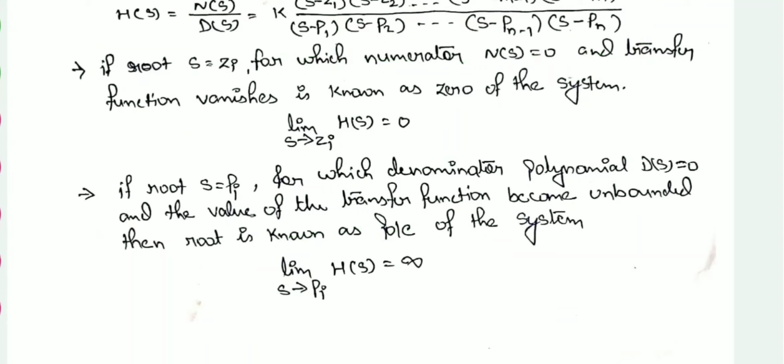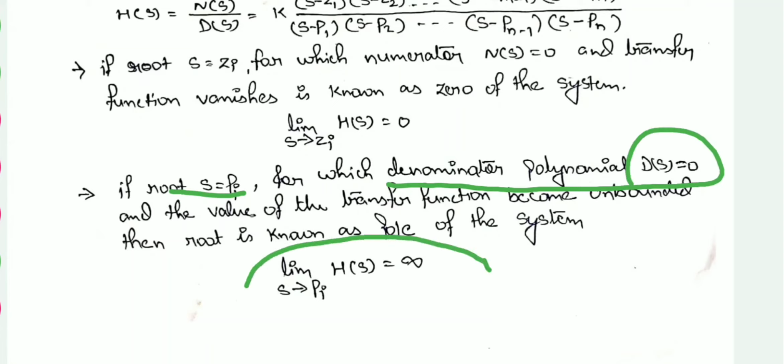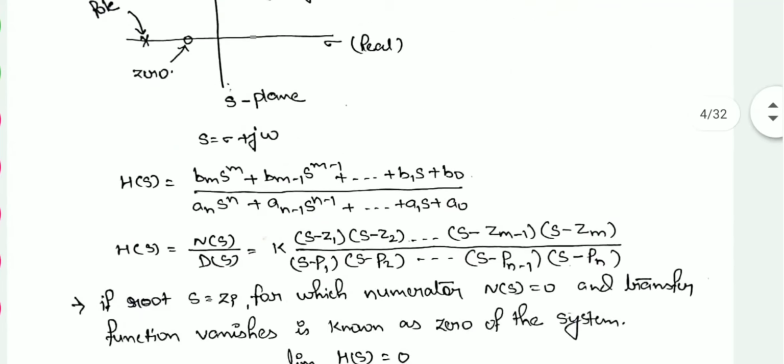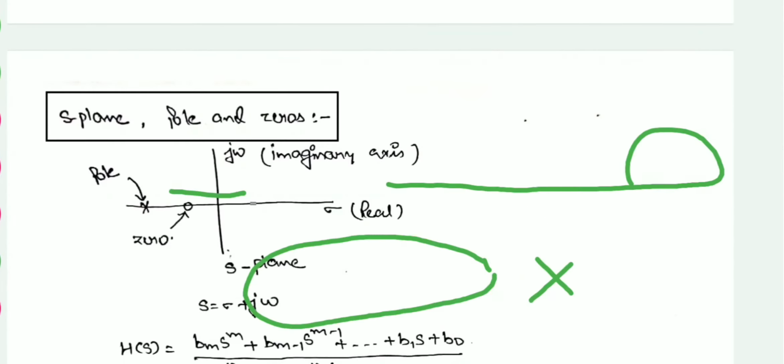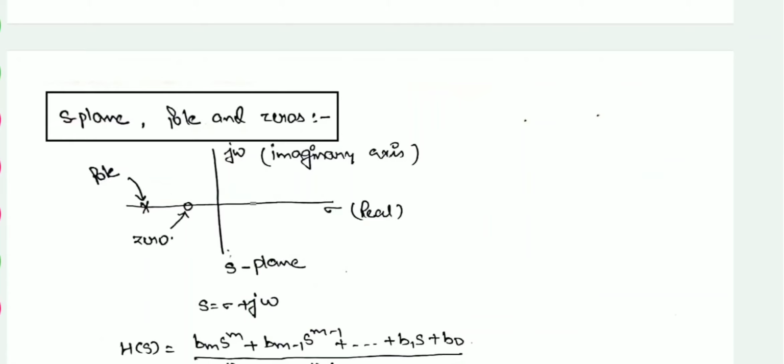Therefore, if for root s equal to pi the denominator polynomial becomes 0 and the transfer function becomes infinite, it is known as a pole of the system, and it is represented with a cross. In this S-plane, this represents a zero and this represents a pole. The zero is represented by a circle and the pole by a cross.